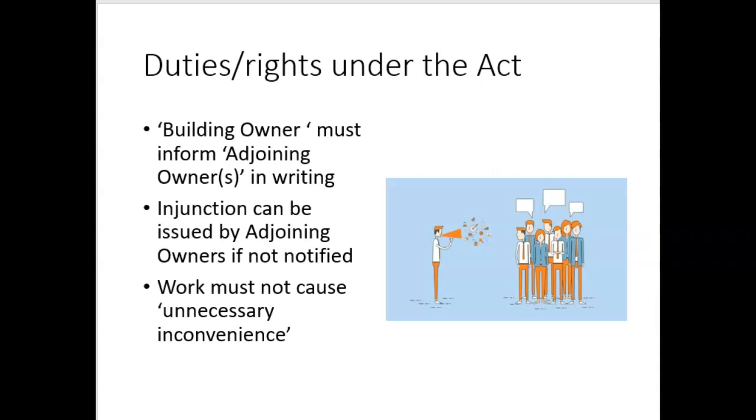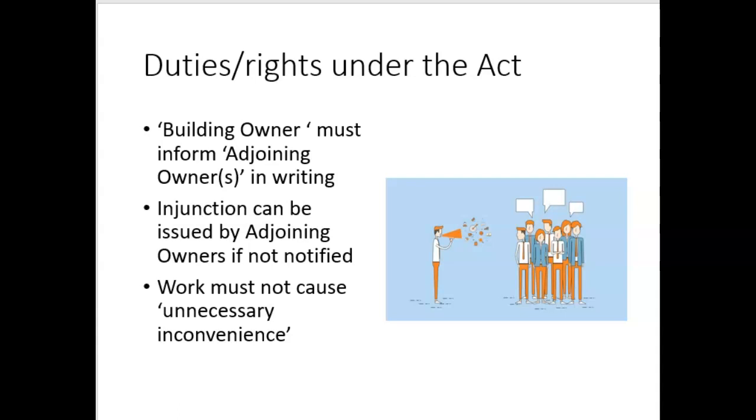Now, there's a very strict process. The person who wants to do the work is the building owner, and they must inform the adjoining owner, that's the person who owns or leases the adjoining property, in writing. If they fail to go through this process, the adjoining owner can go to court and get an injunction to stop all the work.